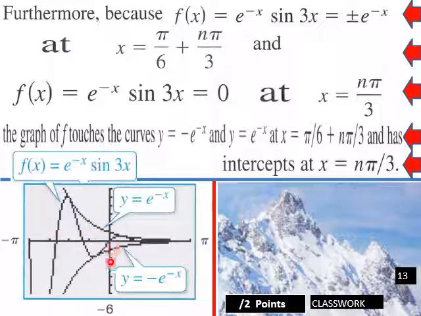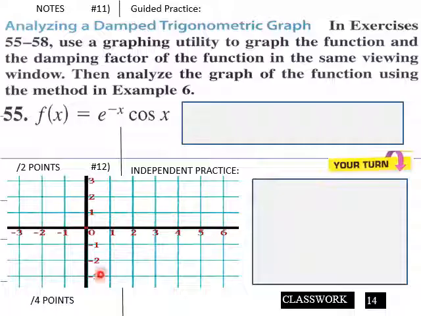So this would be your damped function here. Thanks to our e functions, the sine curve is contained by these two e functions. Y equals e to the negative x is this function here, and then negative e to the negative x is down here, which damps this sine curve.